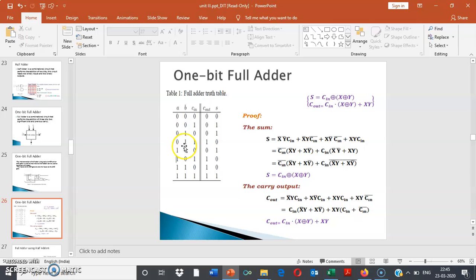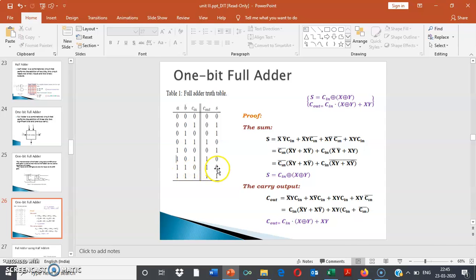One very important thing: wherever you have two ones in any row, like here if you check 1, 0, 1, so there are two ones. So whenever you have two ones, you directly put sum equal to 0 and carry output 1. Here also you have two ones.